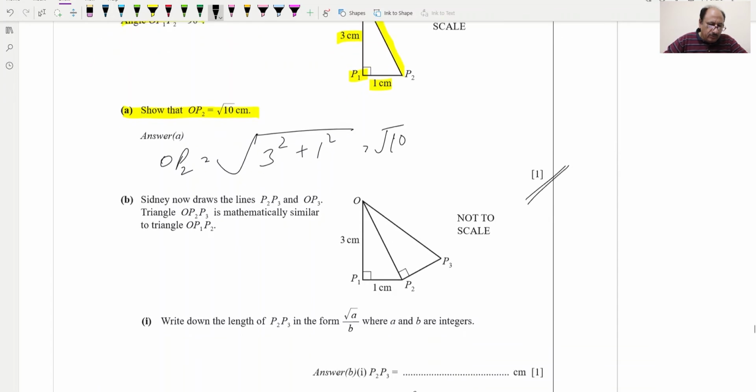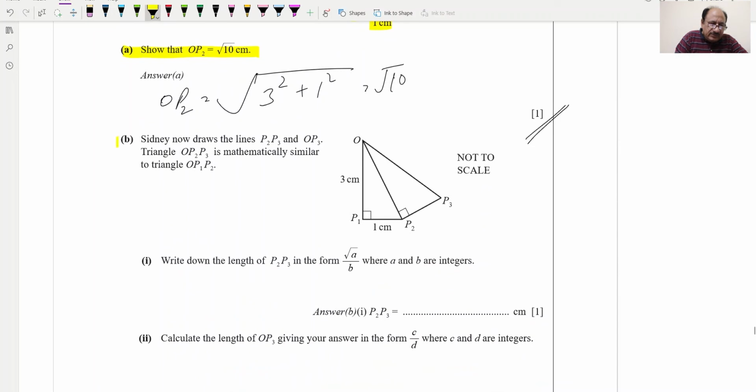Now B part, it says Sydney now draws the lines P2 P3 and OP3 so the triangle is mathematically similar to this one. So now we know this one we have already done. This is root 10, and now write down the length of P2 P3 in the form of root this.